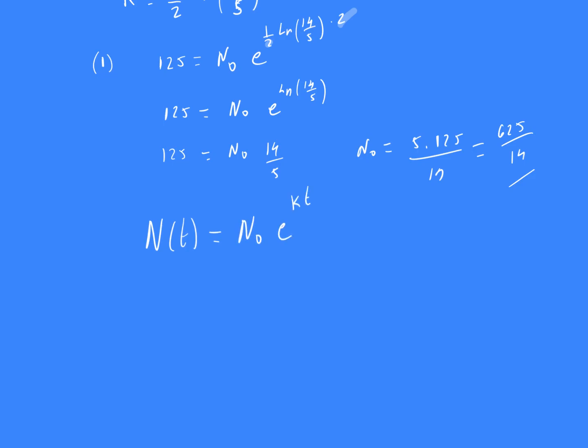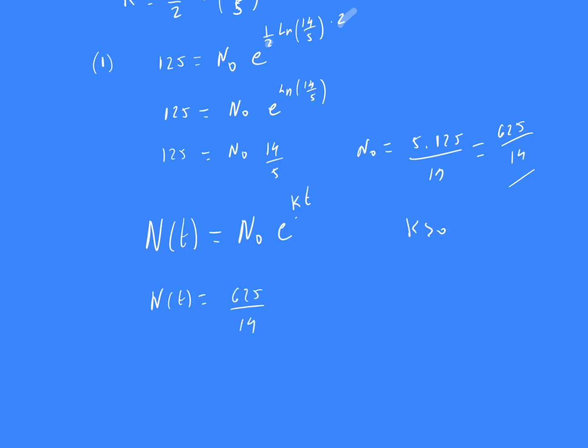We have to remember that the k is positive. K is positive because it's a growth where the number of bacteria is bigger and bigger and bigger. If the k were negative, the number of bacteria would be smaller, smaller, smaller.